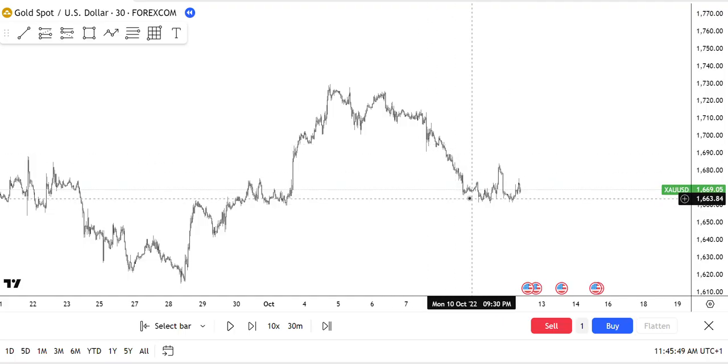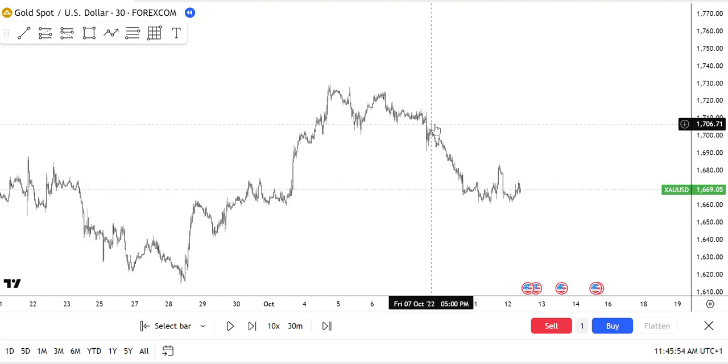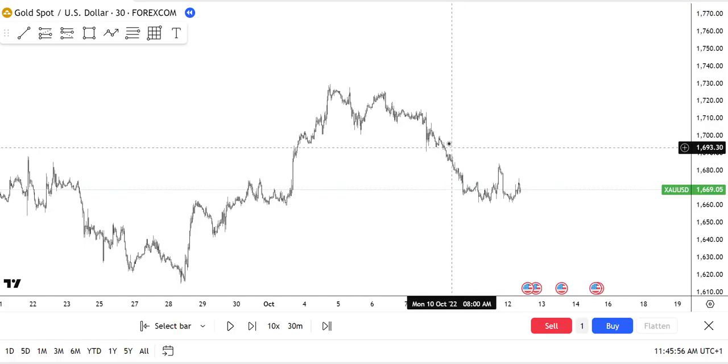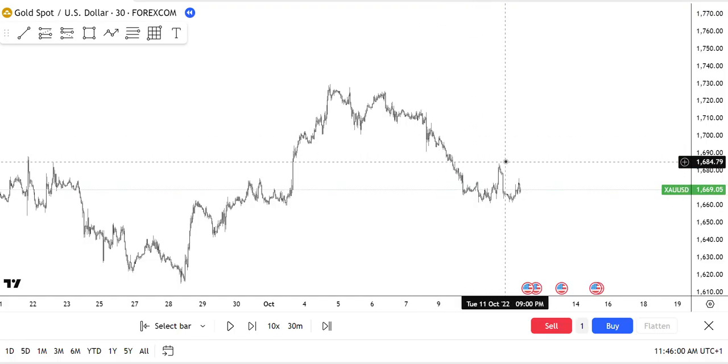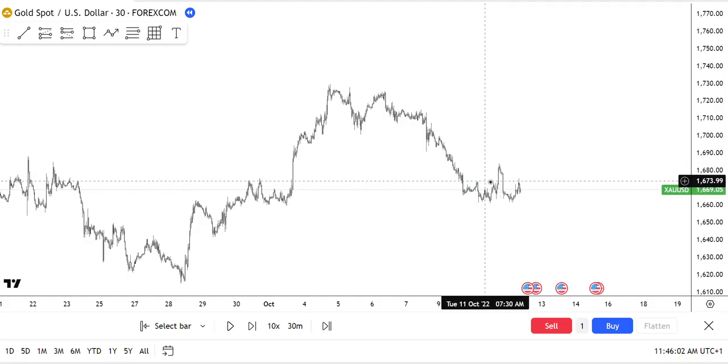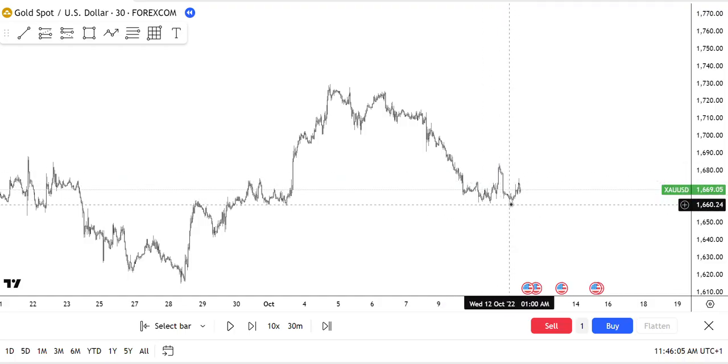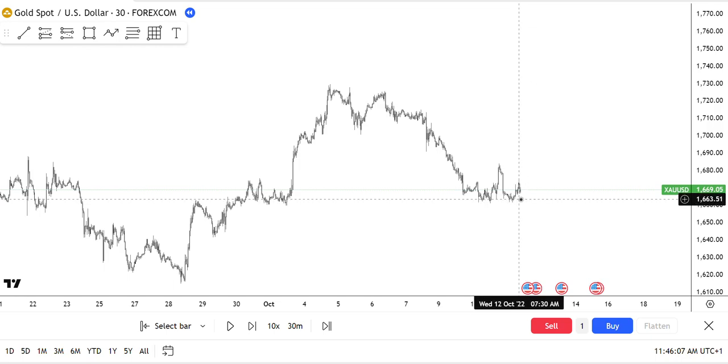Then we have this high, sweeping this high, then coming to create something that looks like a low.